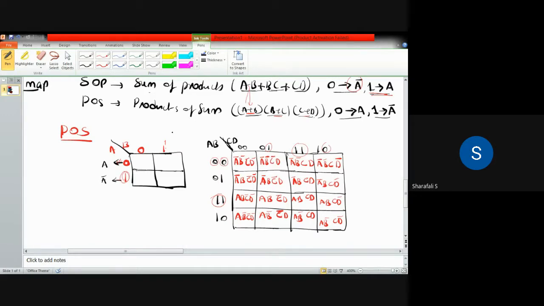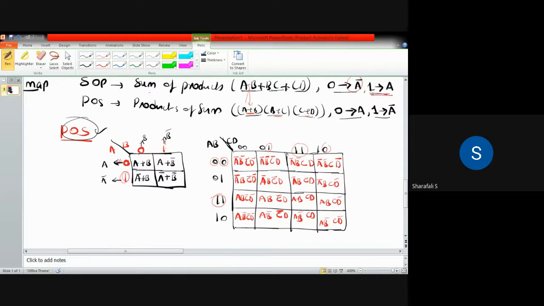Here 0 means B, and 1 is B bar, if you are considering product of sums form. So in that case, this is 0, this is 0, so A plus B. Here this one will be A plus B bar. This one is A bar plus B. And this one is A bar plus B bar. So this is how that will be changed when you are using POS.